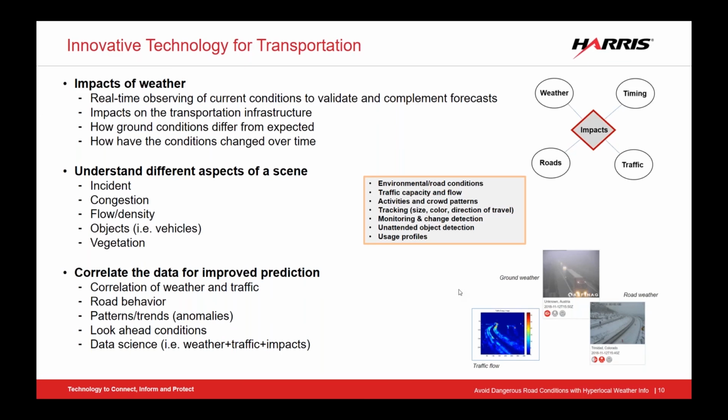Objects, you don't want to open up an HOV lane with a car impeding that particular lane. I threw vegetation in there simply because every time I look at our product over seasonal, I see the trees change, right? They go from green to brown to no leaves at all, to green again.